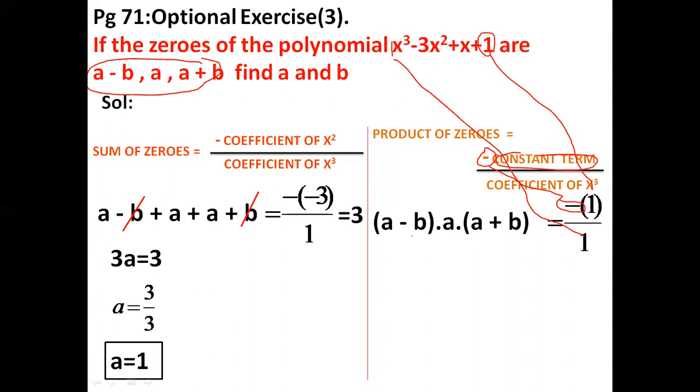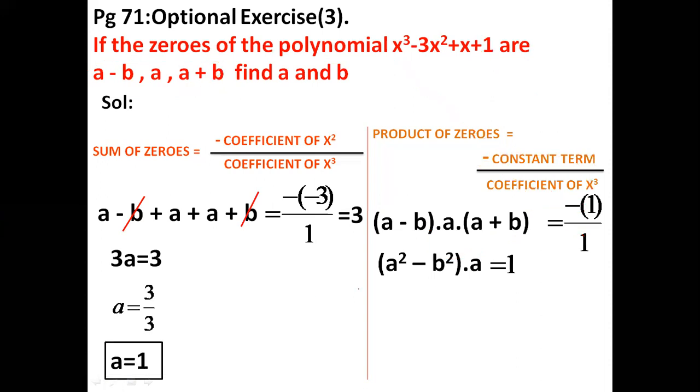And here a minus b into a plus b is a square minus b square, and a square minus b square into a is equal to minus 1 by 1.